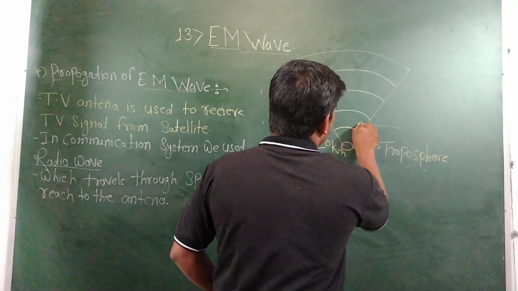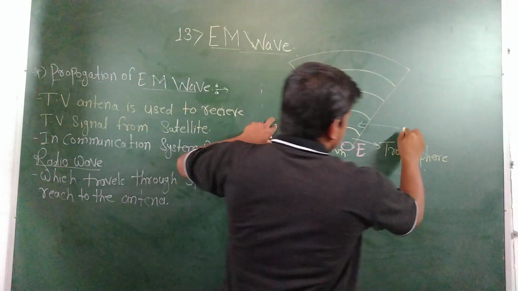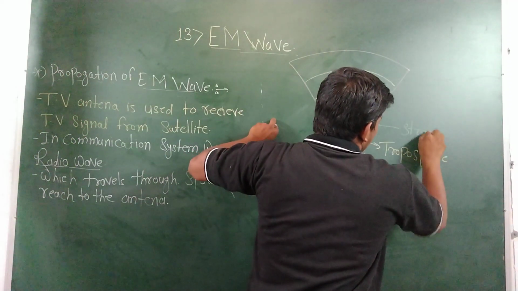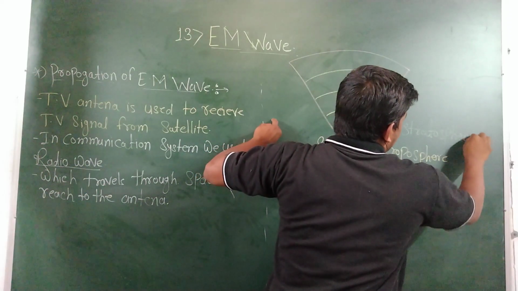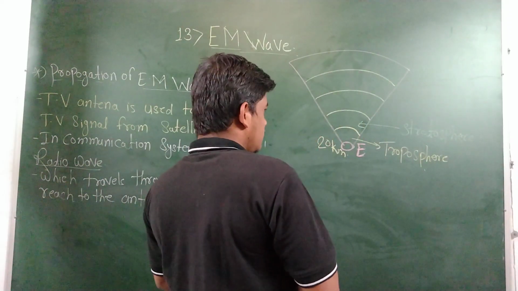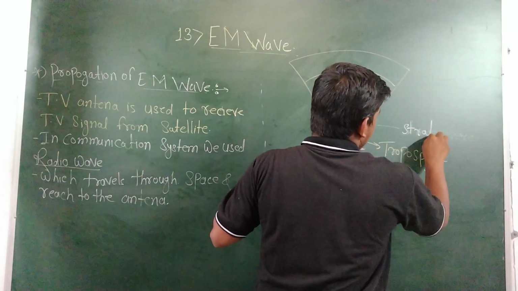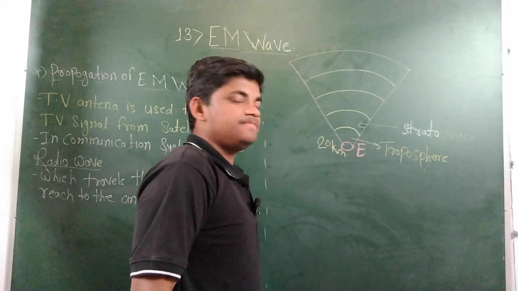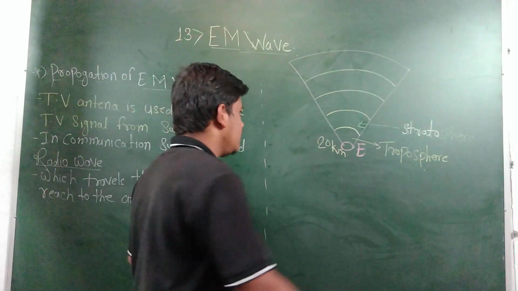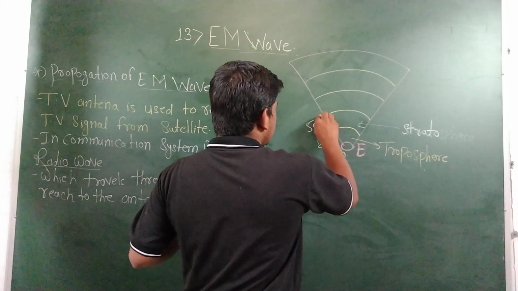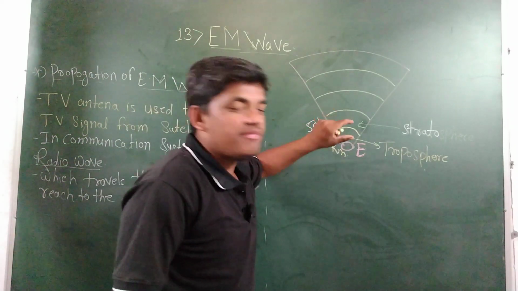Layer number 2 is the stratosphere. The range of the stratosphere is 50 kilometers, and this is the thickness of that particular sphere.